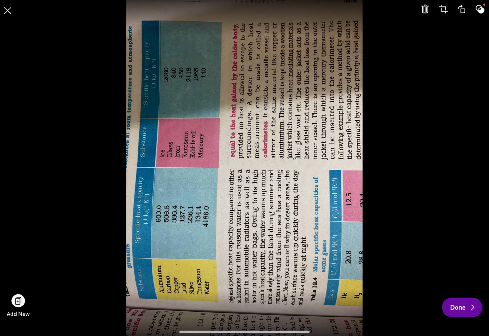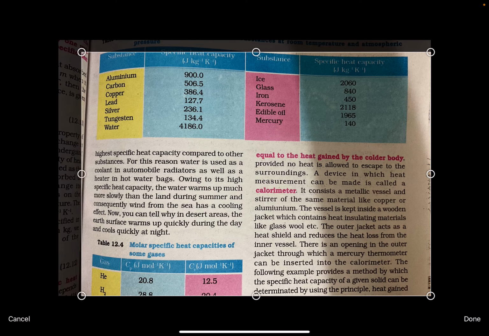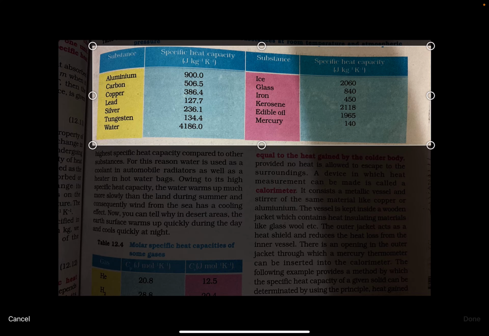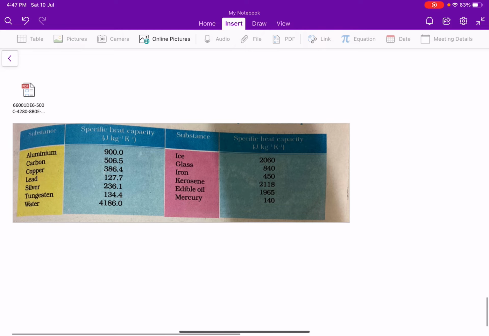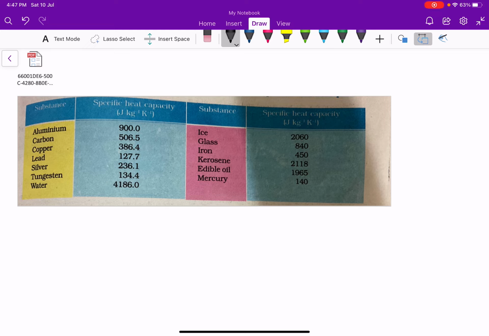Okay, so see here. Observe the first one. For the case of aluminum, the specific heat capacity is 900 joule per kg per Kelvin.